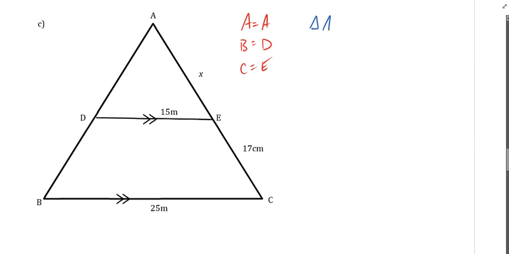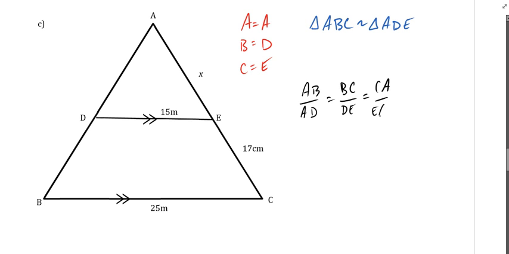So triangle ABC is similar to triangle ADE. Set up my proportionality statement. AB over AD is equal to BC over DE is equal to CA over EA.